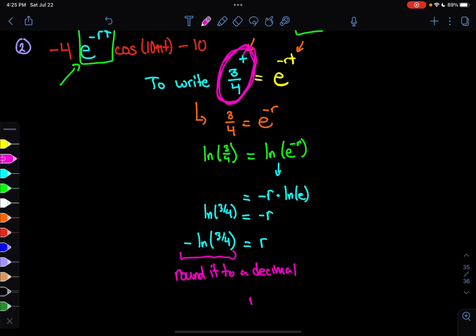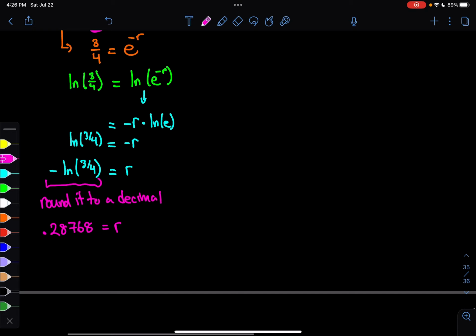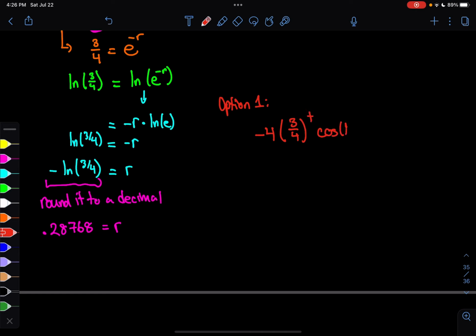Okay, so with a negative in front of it, this is going to be 0.28768. Now it keeps going, but if I were trying to come up with this equation, option one is that our equation looks like negative 4 times 3/4 to the t, cosine of 10 pi t minus 10.